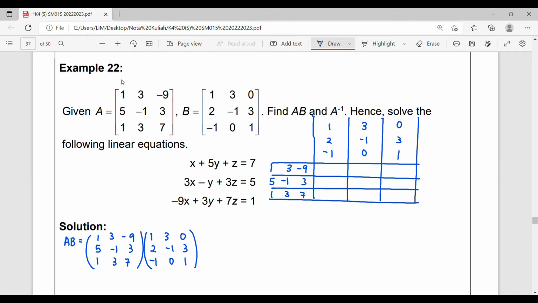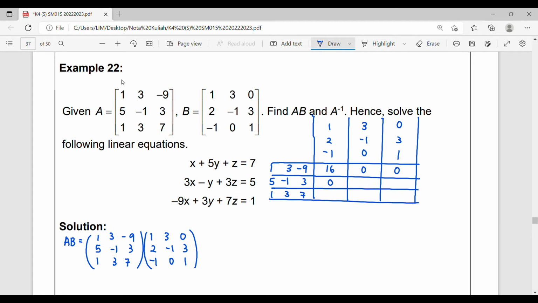So 1 times 1 will be 1 plus 6, then plus 9. Here we'll get 16. So carry on. So 1 times 3, 3, then minus 3 times 0. So you get 0. So calculate for the rest. Then second row with first column, here we get 0.